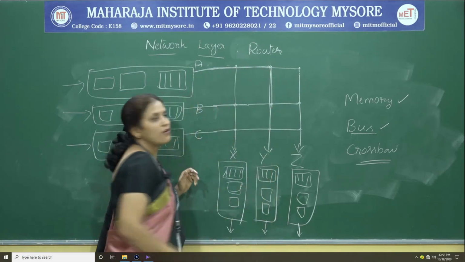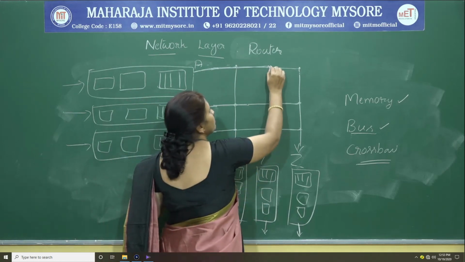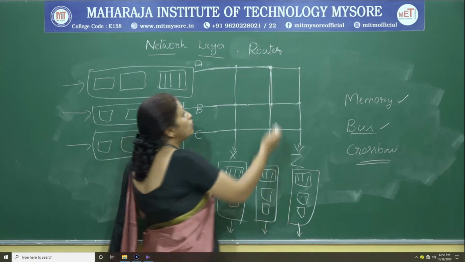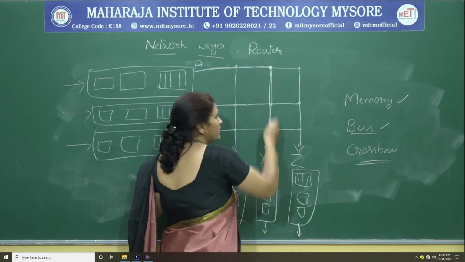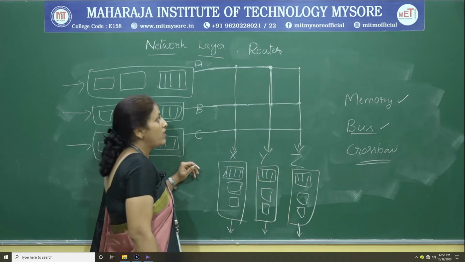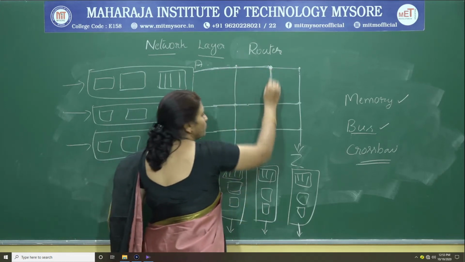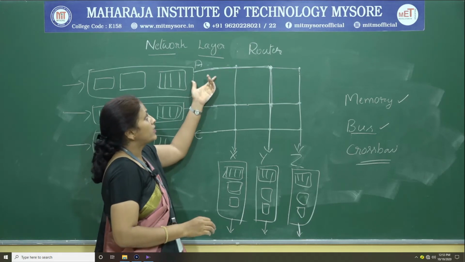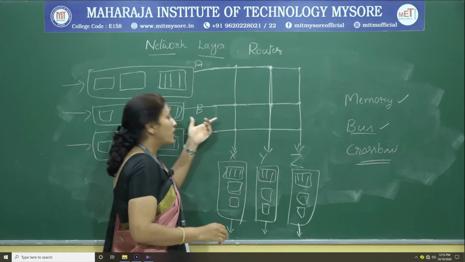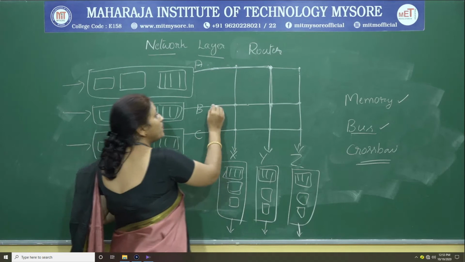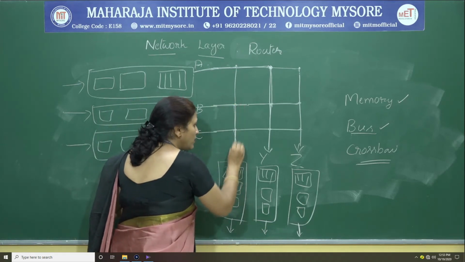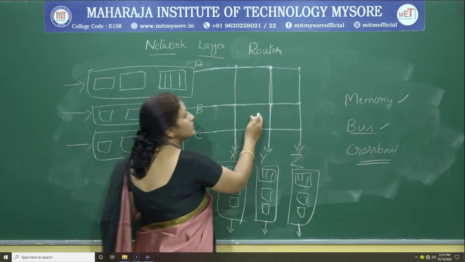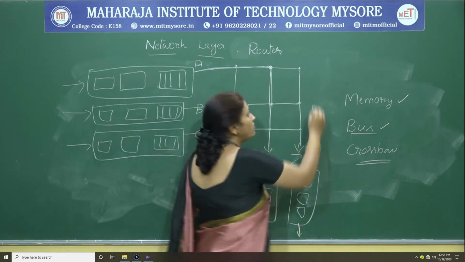When I follow this path, this point will be closed, so that no other packets enter this particular bus. So, a packet will be transferred from A to Y. Simultaneously, while a packet is being transmitted from A to Y, we can also transmit a packet from B to X through this path. So, simultaneously we can transfer more than one packet.